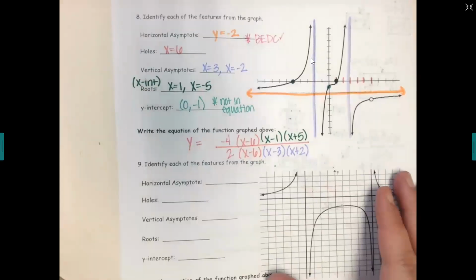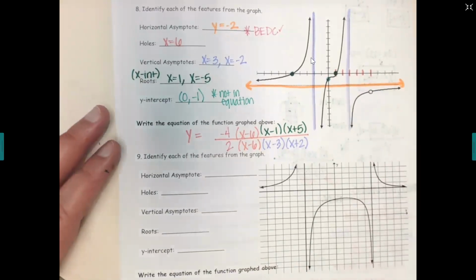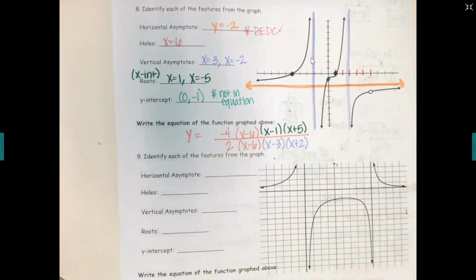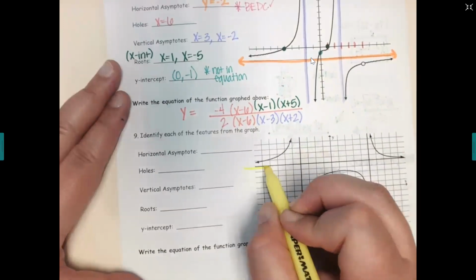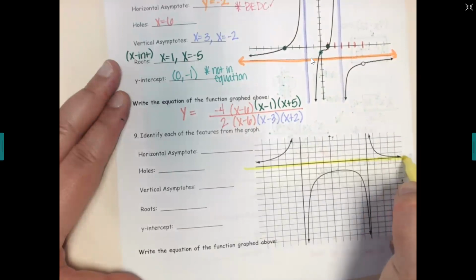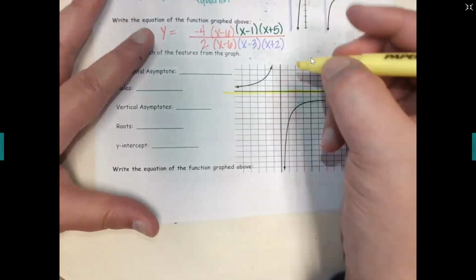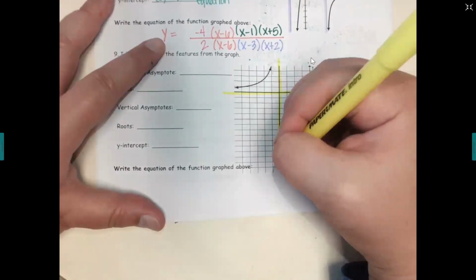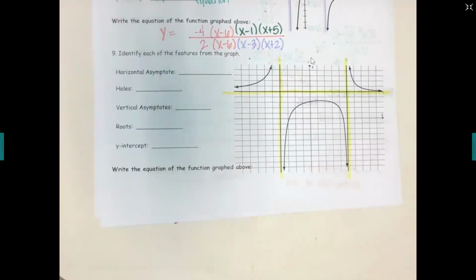Before I give you some time to work on the next couple of graphs, I just wanna make sure that you see where the horizontal asymptotes are and where the X and Y intercepts are. So for number 9, it's not dotted, this is the asymptote. There was some confusion about that in the last class period, and then these are the asymptotes. Those really should be dotted lines, but I just pulled this graph off the internet.